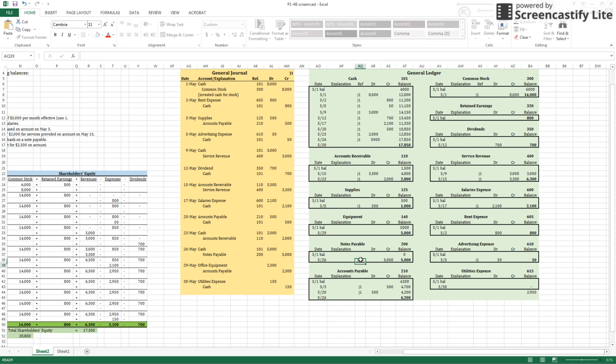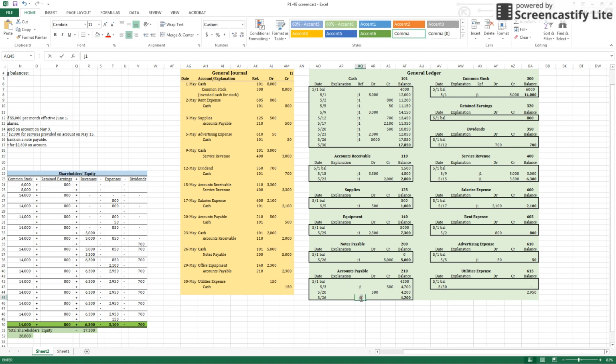and write down which journal it came from. Our office equipment is account 140, and that office equipment was increased by $2,300, and our accounts payable were also increased by $2,300.